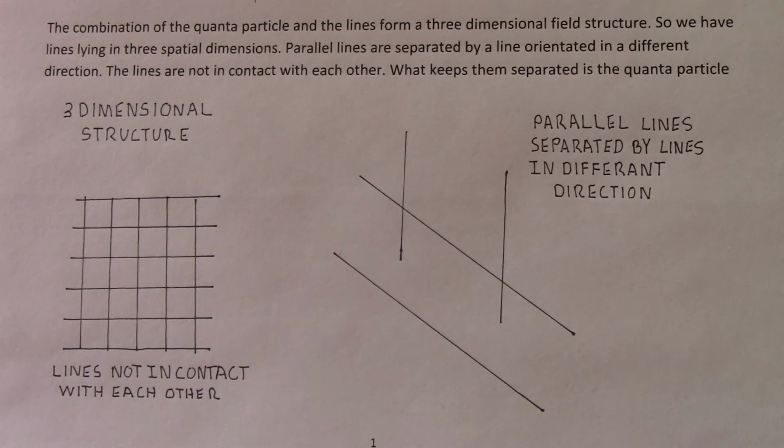What keeps them separated is the quanta particle bouncing between the lines. So because the lines are not in contact with each other, the quanta particle can move around the lines freely. This allows the energy in the field to be homogeneous. So the field is a flat Euclidean space.